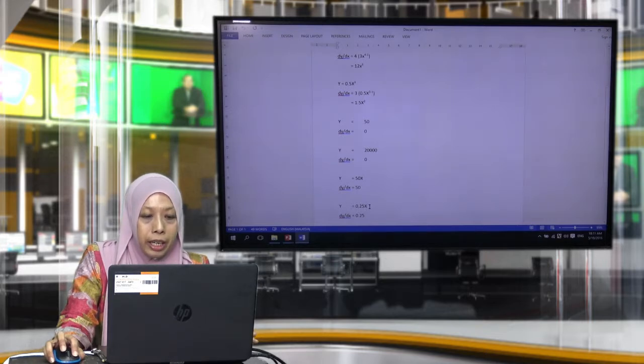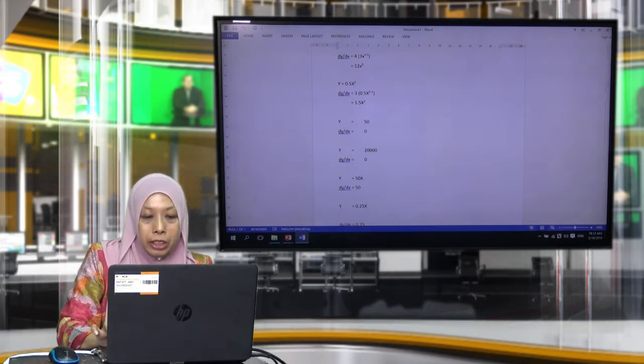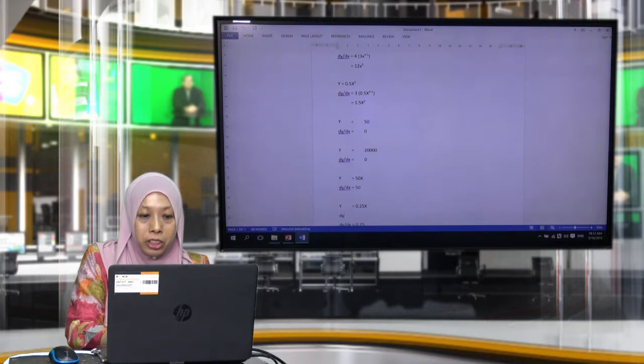If you have y equals 0.25x, what's the exponent? You see that there's no exponent here, right? If there is no exponent written here, understandably the exponent is equal to 1. So when you differentiate using the power function rule, remember you need to bring down the exponent, which is 1, isn't it?